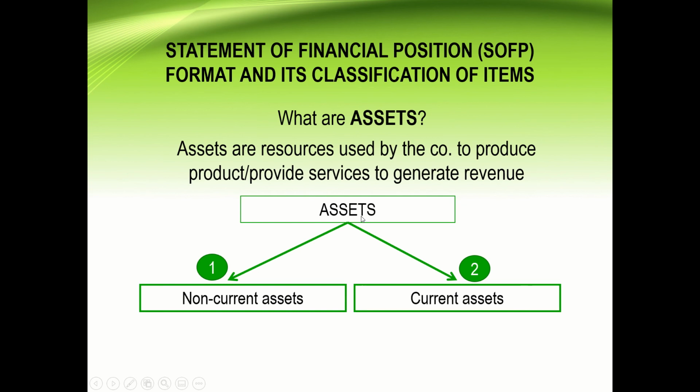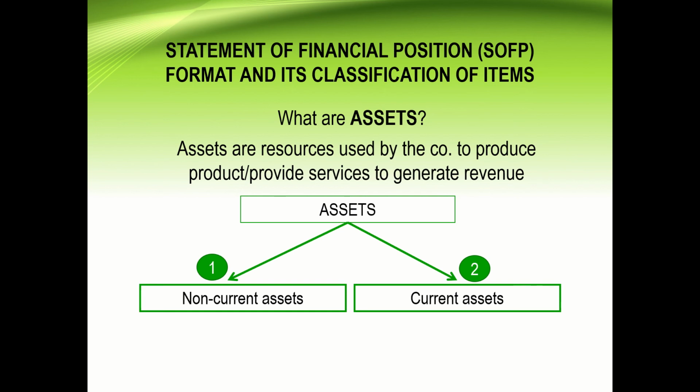Now, let me explain about asset. So what is asset? Asset is a resource used by the company to produce product or to provide services to generate revenue for the business. Asset can be divided into 2 categories.